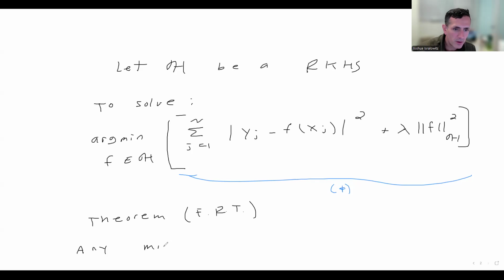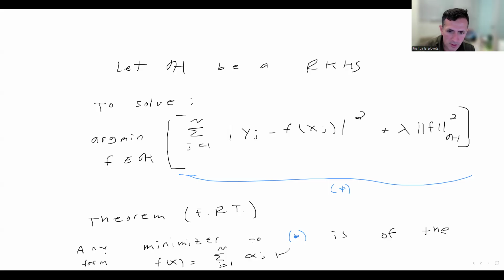Any minimizer to this is of the form f(x) equals a finite linear combination of your reproducing kernel. So let k(x, y) be my reproducing kernel. Plug in your inputs here.